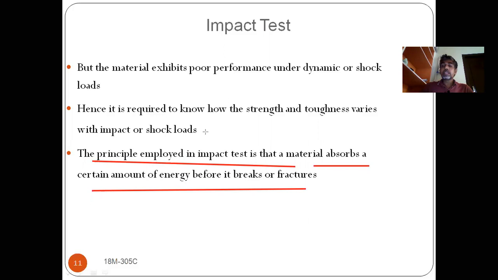The main principle is that when you apply the load, before breaking, the material will absorb some energy before fracture. How much energy it can absorb is based on its strength. We use that principle to find out the impact strength of a material.